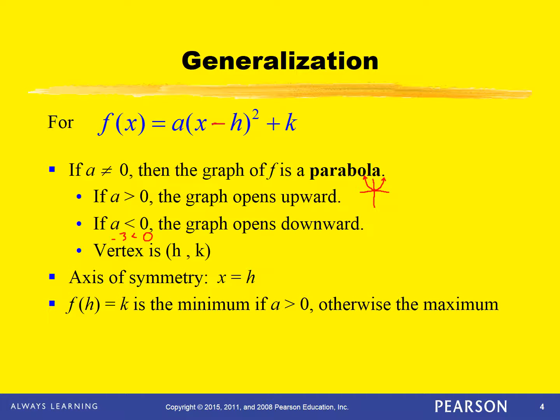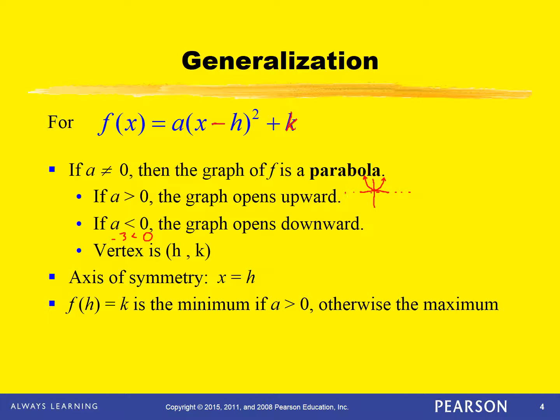If a is positive, then there's a minimum value, right? This one here has a minimum value, basically 0, but it's k, whatever the height of the minimum value of the parabola is, the lowest point, that's where your min is.